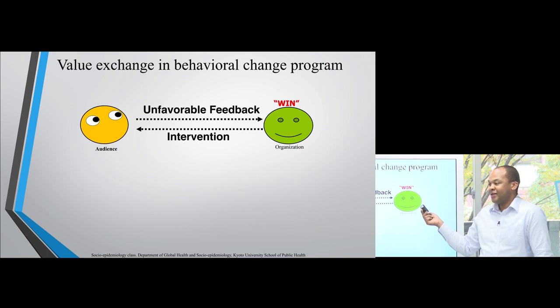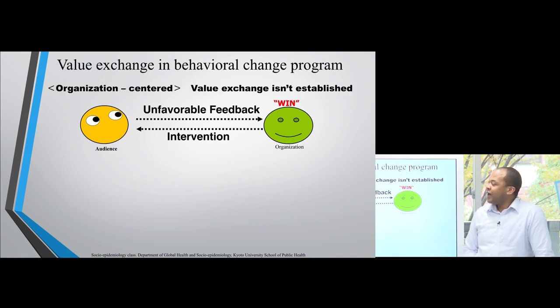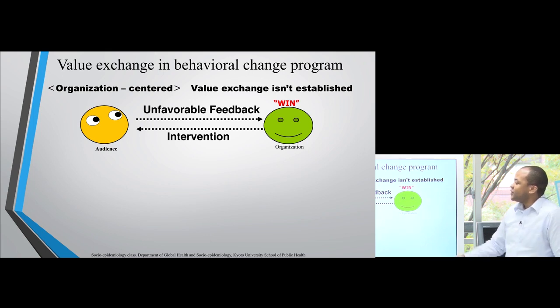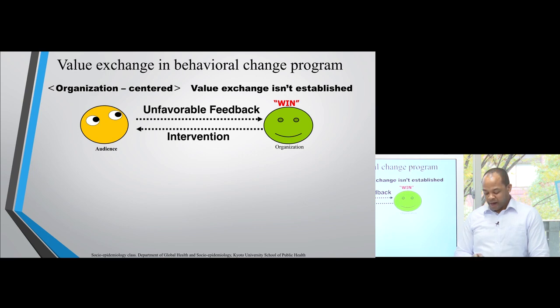It's the organization, because the life of the organization goes on. It never stops, even if the intervention is unsuccessful or successful. So the organization wins, but the audience loses out because they didn't like the intervention. So there's no value exchange.